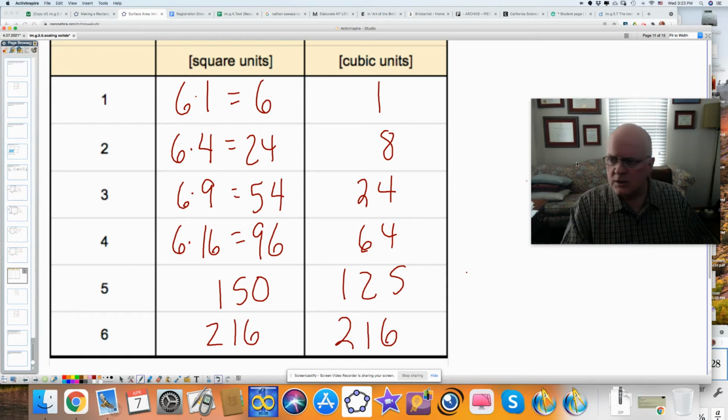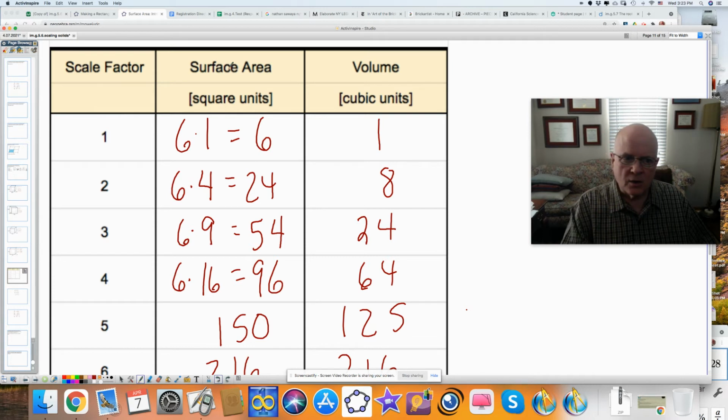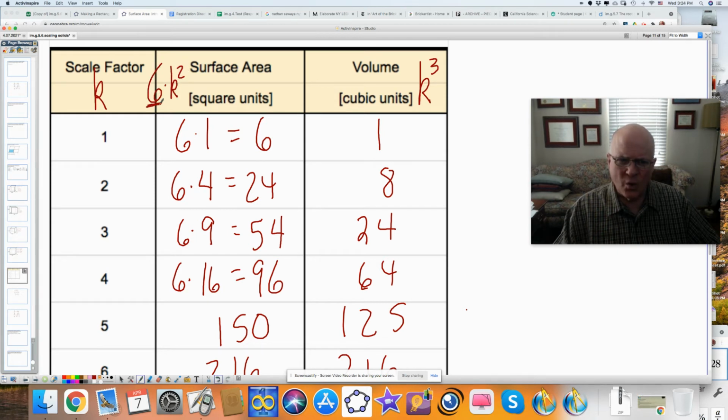What's interesting to notice about this, and what I want you all to pick up on, is that if I have my scale factor, my volume is going to be the scale factor cubed, because my original volume was 1. Here the surface area is going to be 6 times the scale factor squared. Where does that 6 come in?